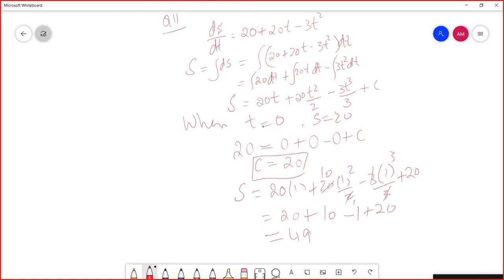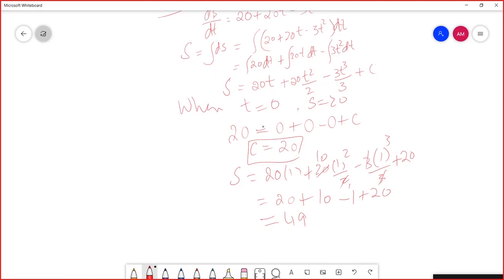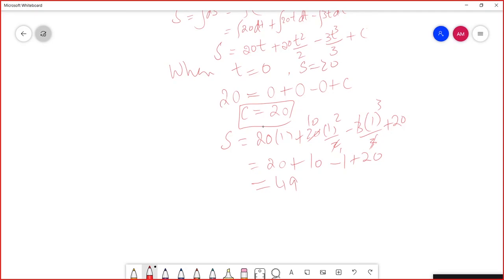It becomes 10, 20, and we put 1 week and plus 20. C is 20.